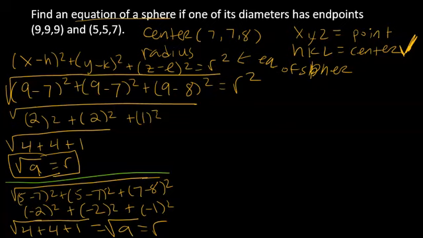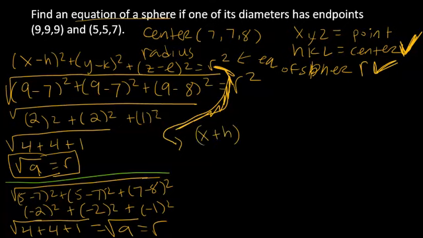So what does that mean? So I have the center figured out and I have r figured out. That's what that means. That means I can go ahead and complete everything. I'm going to bring down this formula and bring it right down here. So it's going to be x plus h squared plus y minus k squared plus z minus l squared equals r.